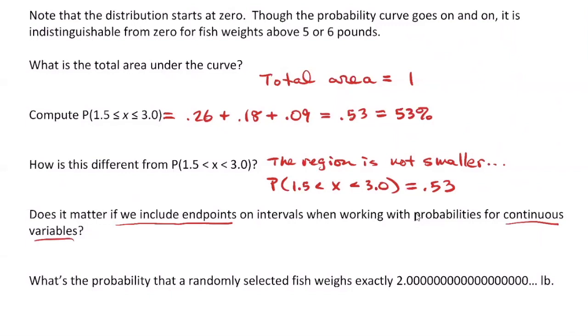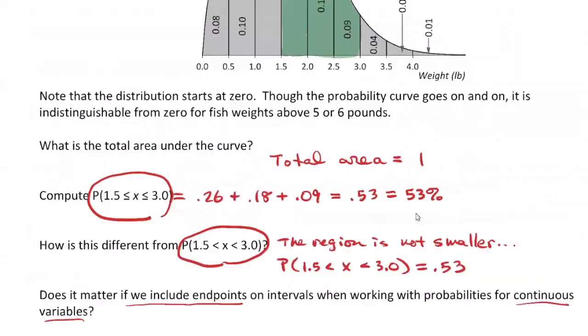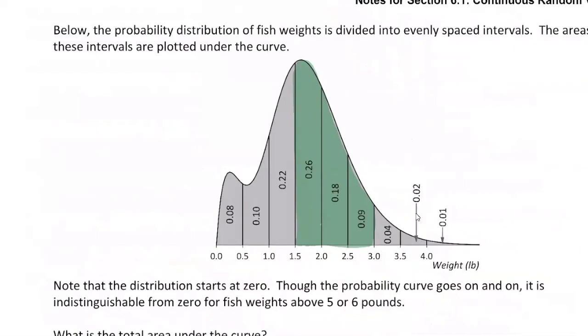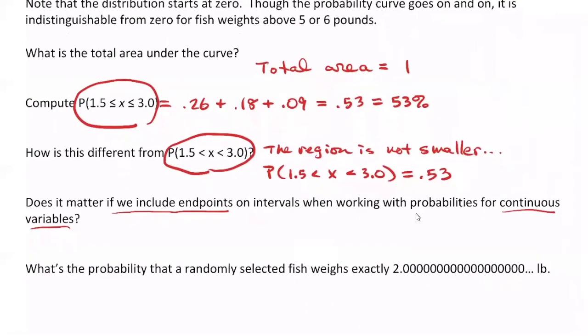So up above, we included 1.5 and 3.0. Then we excluded the endpoints. We get the same answer because the region is the same width either way, whether or not you have those endpoints there. Okay? So no, it does not matter if we include endpoints.